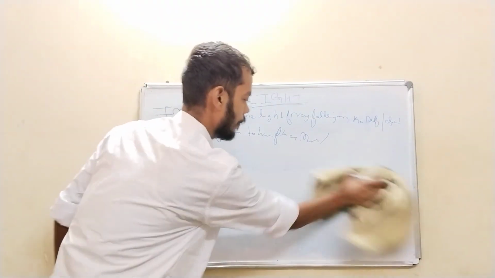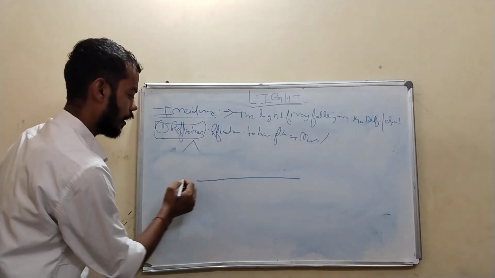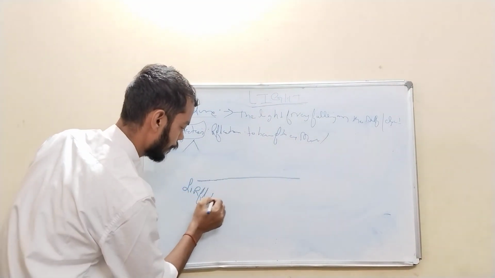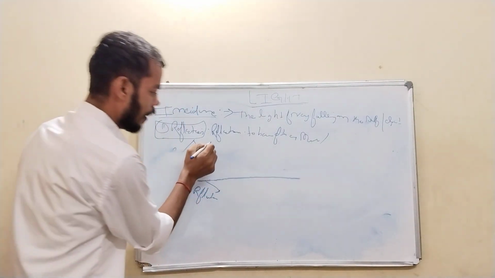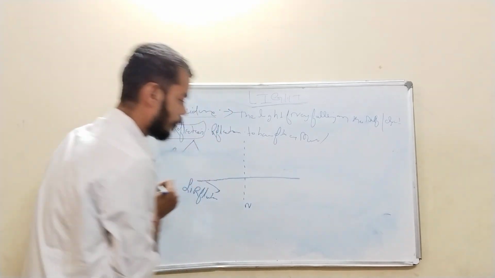So let's understand it from the diagram of the law of reflection. Suppose this is the reflecting surface. Let's first draw the normal.